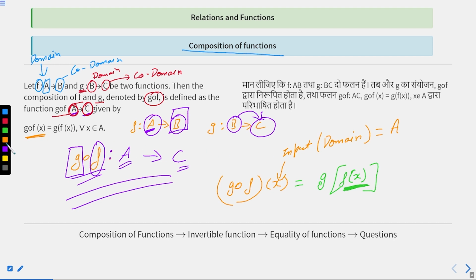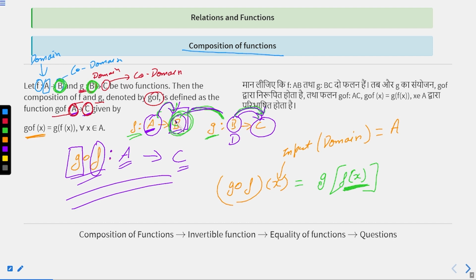The one main thing to be pointed out over here is this: the codomain for this function f is the same as the domain for this function g. Without this, we cannot write that my function goes from A to C, because the link between f function and g function is this. Yes, the f function goes A to B, then we know that g goes B to C. If suppose here we wrote D, then f goes A to B and g independently goes D to C. There is no bridge.